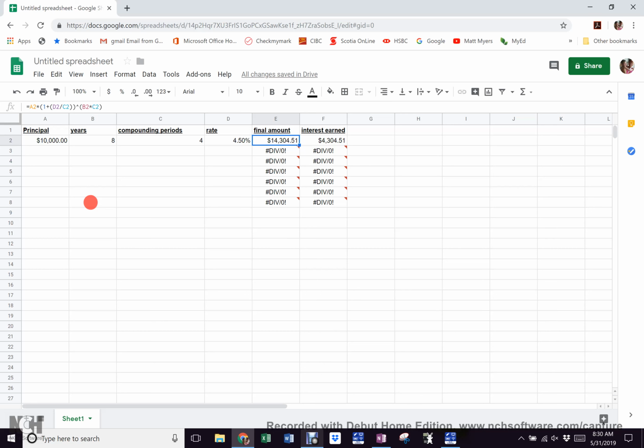Plus here as well. 8 plus. Fix that. That's because you didn't enter the formula. You just wrote in the number. No. Here, interest earned is E2 minus A2.